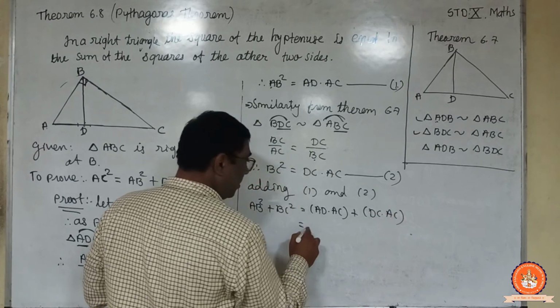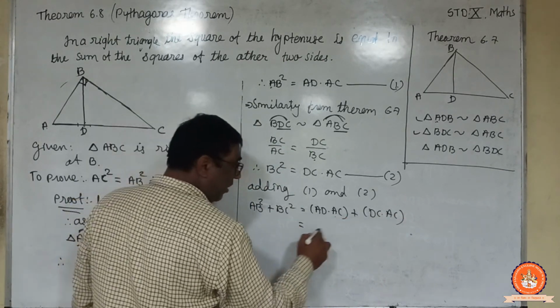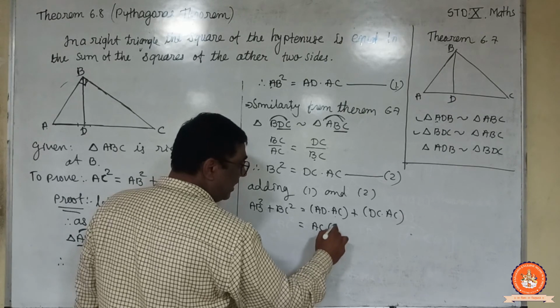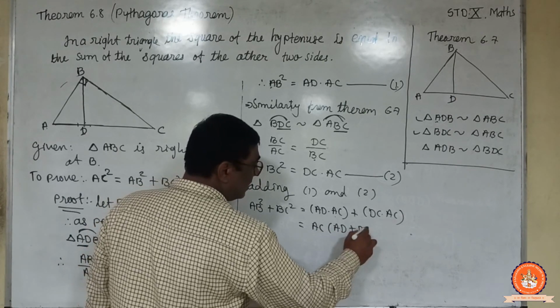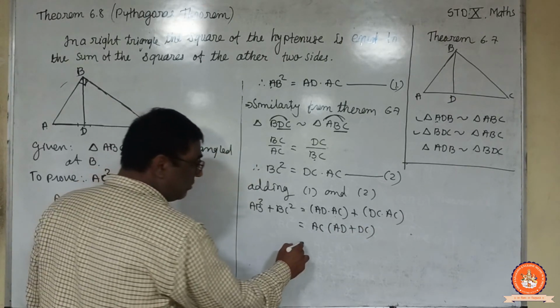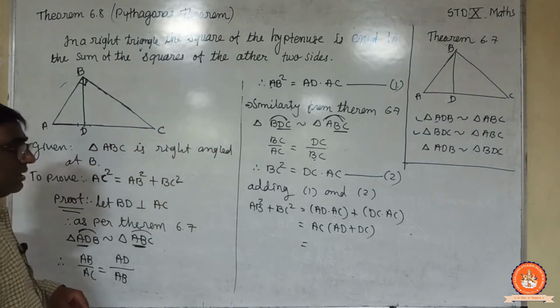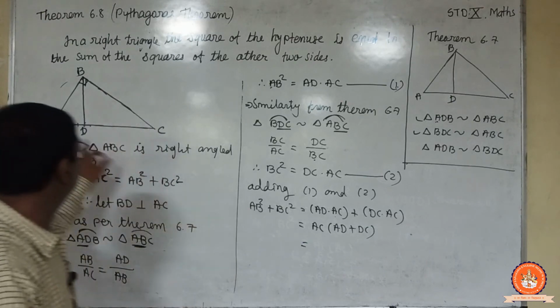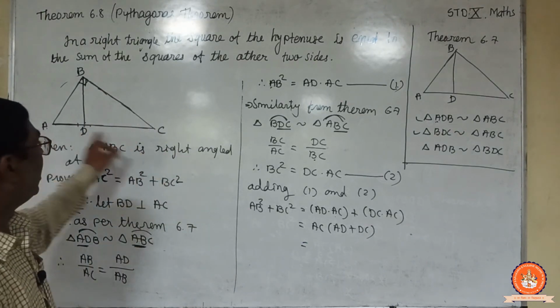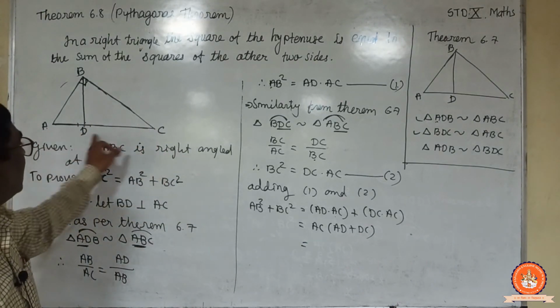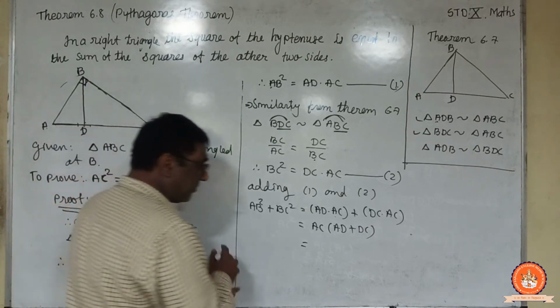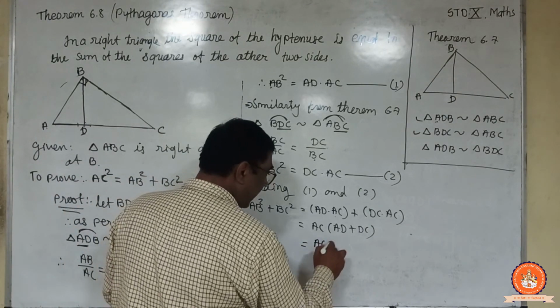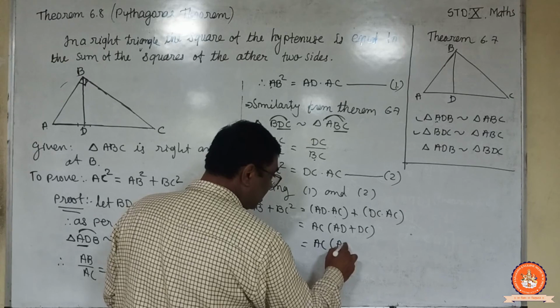ओके, सो AC कॉमन इन बोथ. It will be AD plus DC here, and now look at it. AD plus DC, here it is AD plus DC. So AD plus DC will be AC. You can see that AD plus DC is equal to AC.